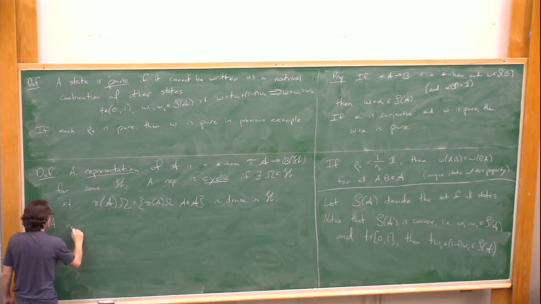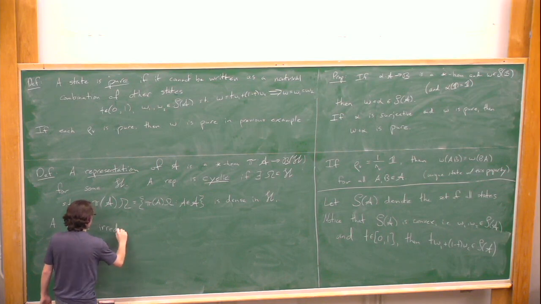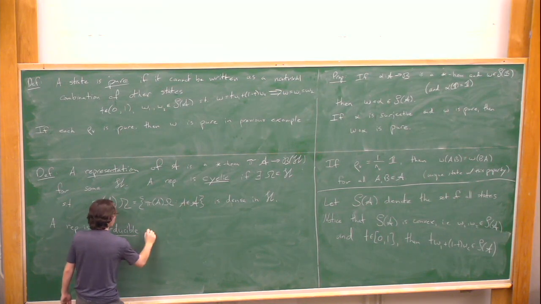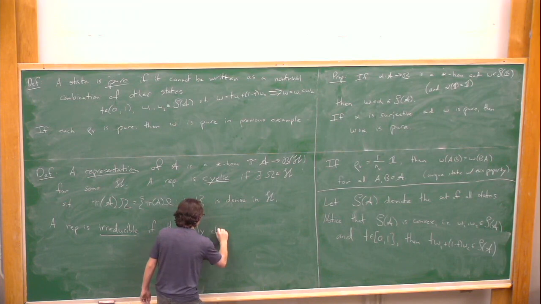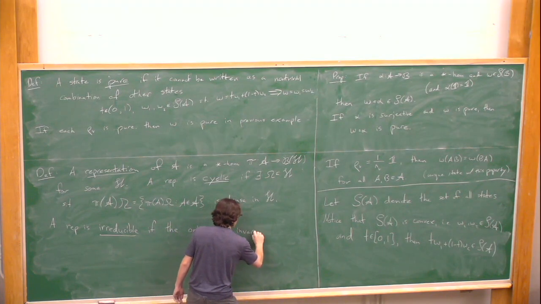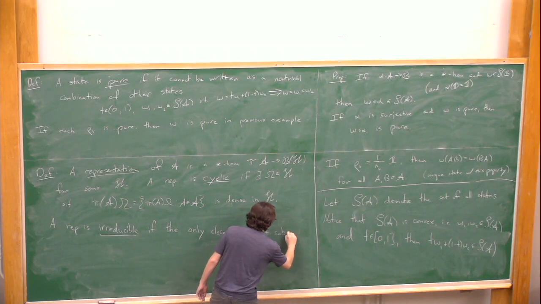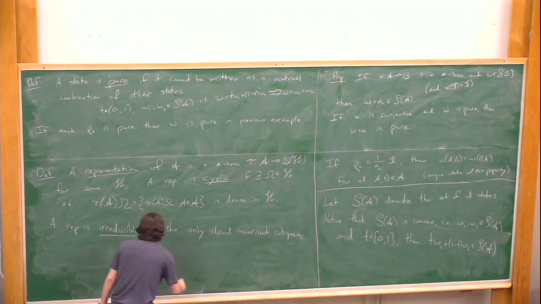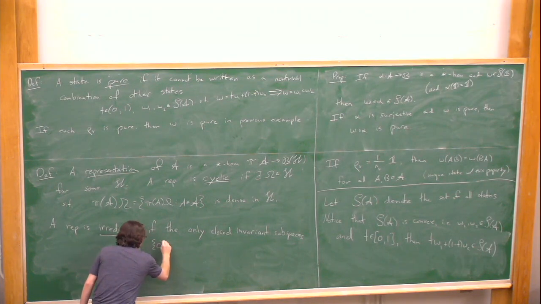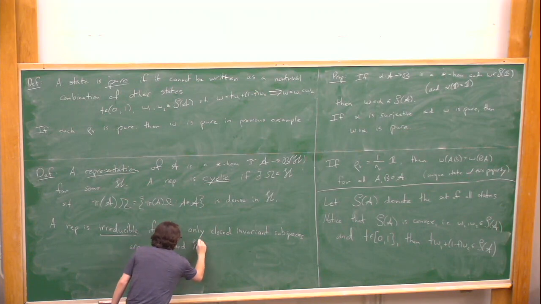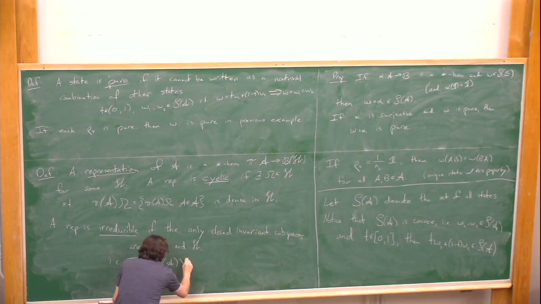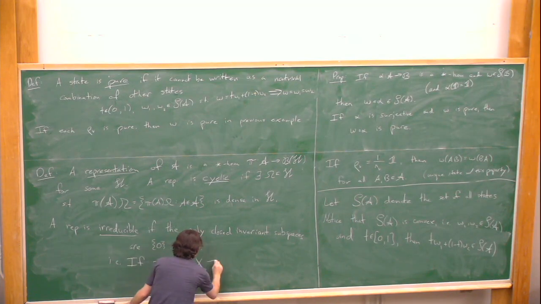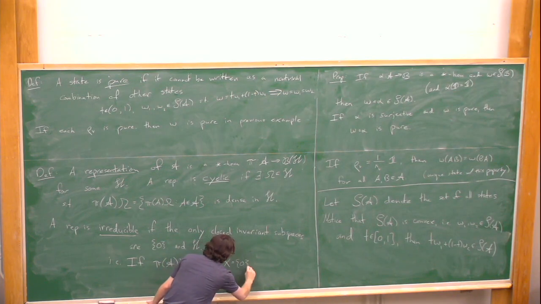And a representation is irreducible if the only closed invariant subspaces are the trivial space 0 and the whole space H. So in other words, if pi of A acting on some subspace X is a subset of X, then this implies that X is either 0 or the whole space.